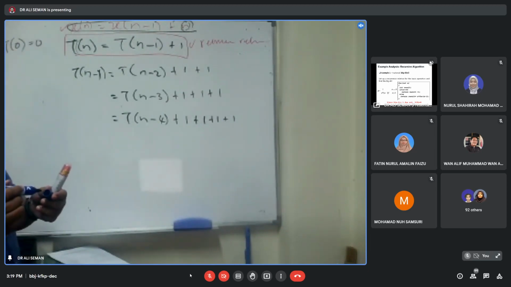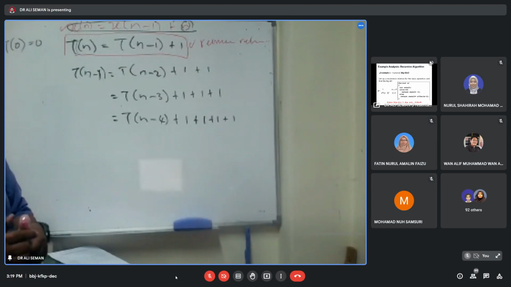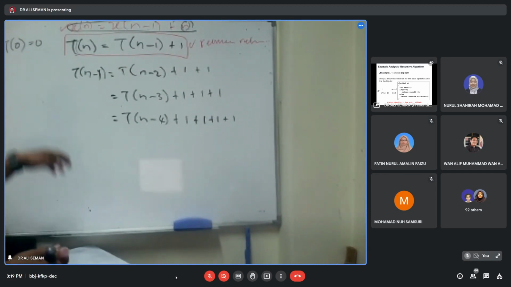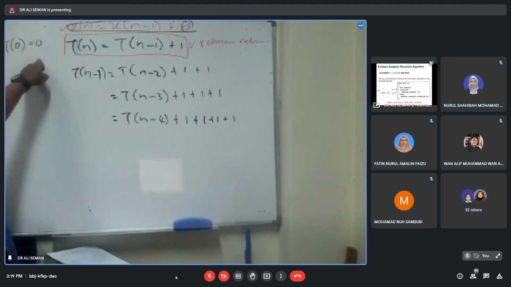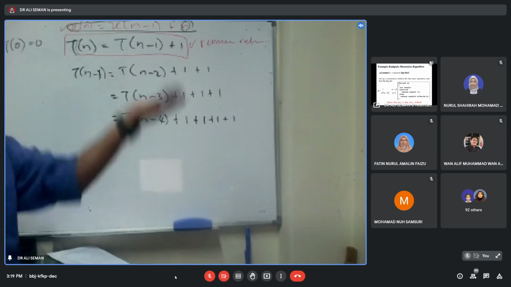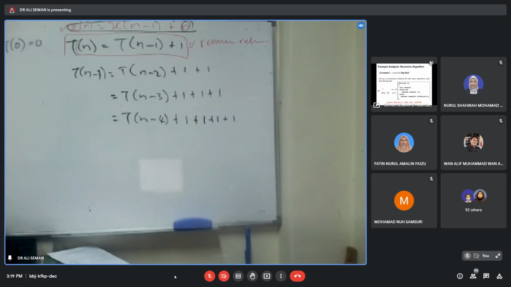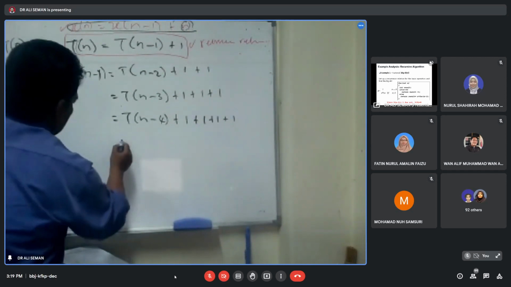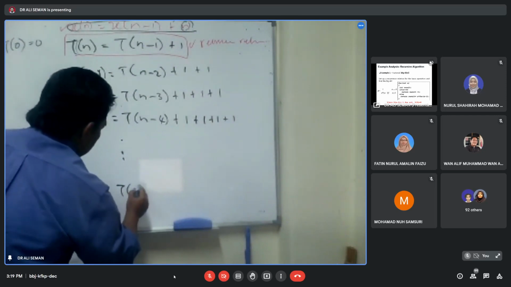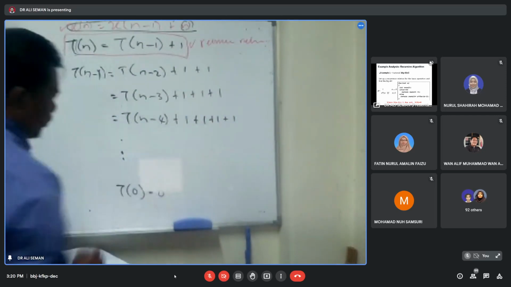Returning 0 automatically produces the result 1; we don't calculate it. So now how do we stop this? Until here, 0, then return 0.